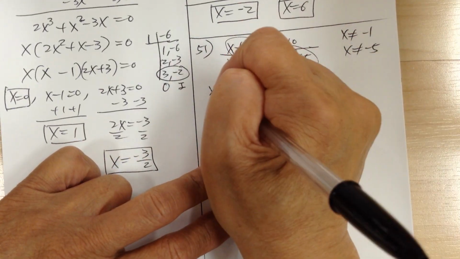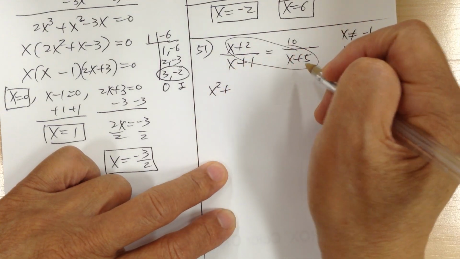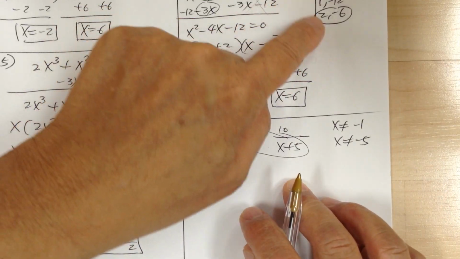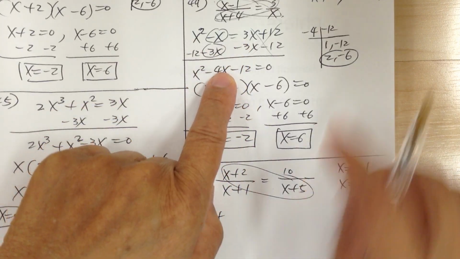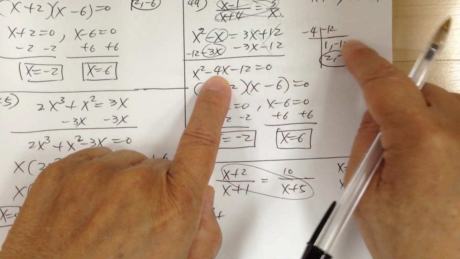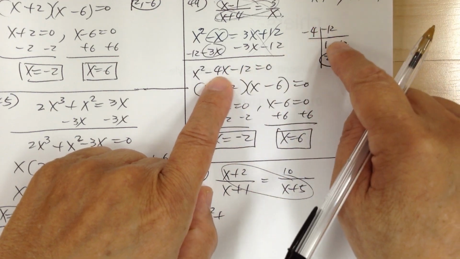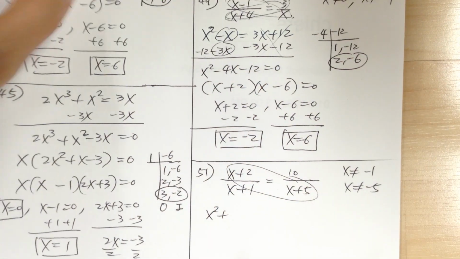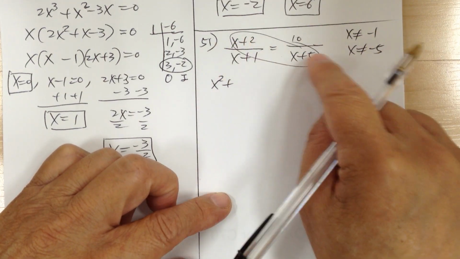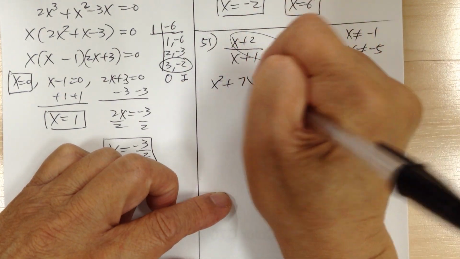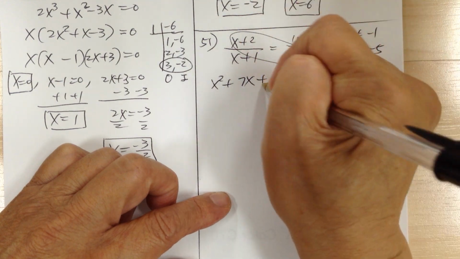So you're going to get x squared plus, now if you notice, the middle term came from adding, and this one came from multiplying. So if there's no number in front, the 2 plus 5 will give you 7, so it would be plus 7x. 2 times 5 will give you 10.